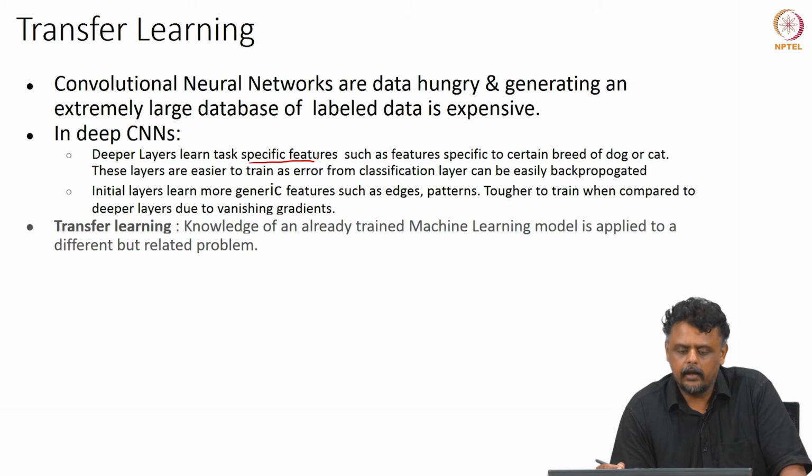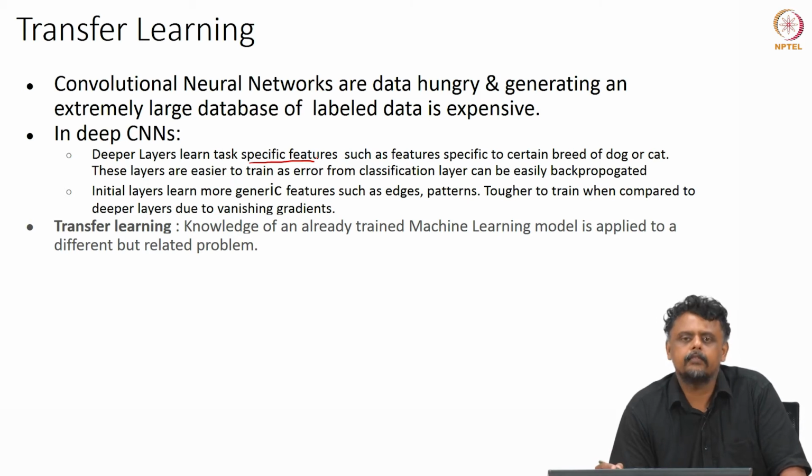So, if you have a network which is trained on a fairly large database on a task which is very similar, closer to, or at least related to what you are going to do, then it is safe to assume that the low level features learned by that network are transferable to your task.